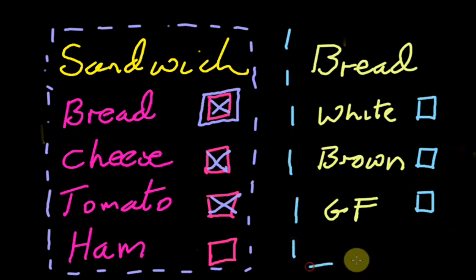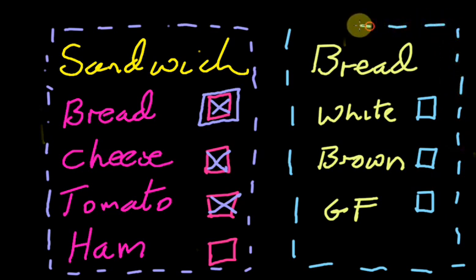Now it's important to group things properly, and different groupings can occur with different types of software. But now when I make my selection, I say, okay, I want gluten-free bread, please. It knows that that is the selection for bread and these are the selections for what I want to have with my sandwich. So I can have on the same page two separate groups, and I have to denote that they're two separate groups in some form.